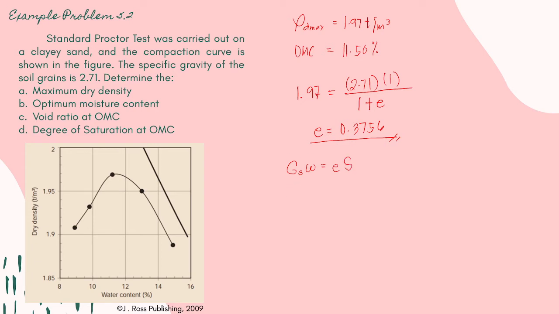The specific gravity is known, 2.71, times the moisture content, which is 0.115, is equal to 0.3756 times the degree of saturation S, and you will arrive at 0.88297, or if you want to express this in percent, 82.9739%.